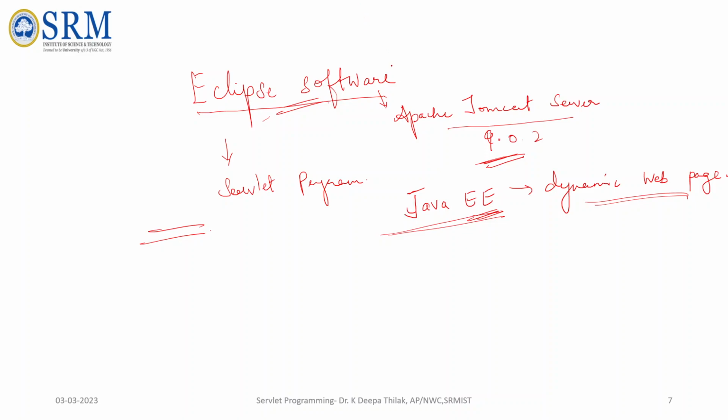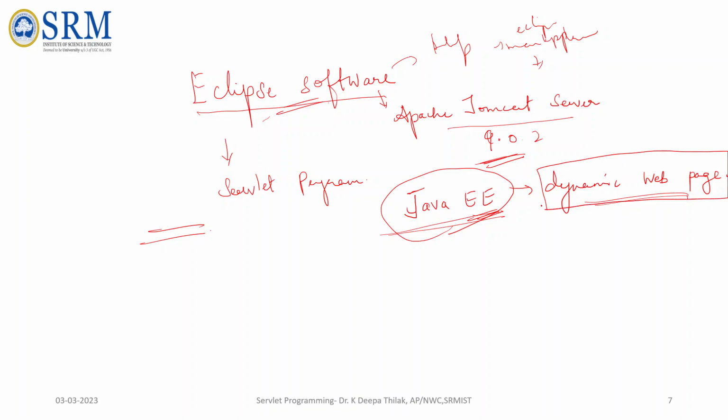You can go to Help, then Eclipse Marketplace, and check for Java EE and install it, so that in web page creation you get this option, dynamic web page.